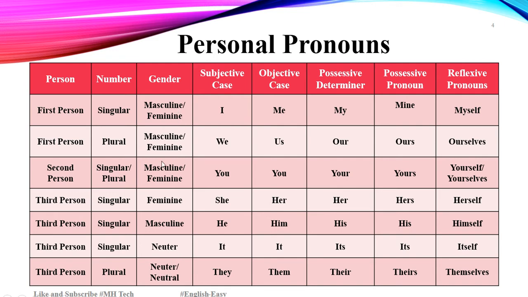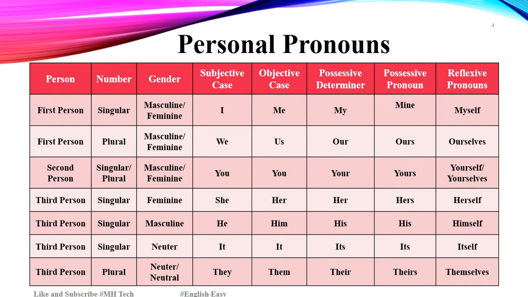These three genders are in personal pronouns here. We have subjective case, for example, I, we, you, she, he, it, and they. And another is the objective case. We have me, us, you, her, him, it, and them. These are the objective case.